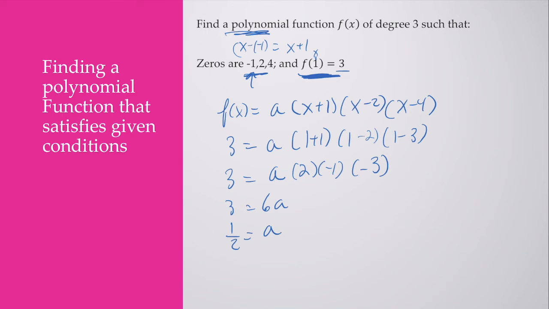Now, how do I figure out what my polynomial is? Well, I'm going to substitute 1/2 in for a and FOIL out. On exams, I'll typically say leave this in factored form, but this one I thought I'd do for you guys. So let's go on another window and switch to a nice and bright color.